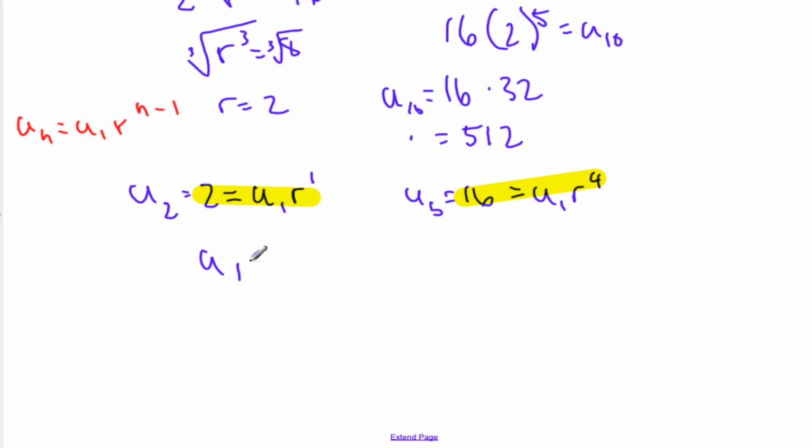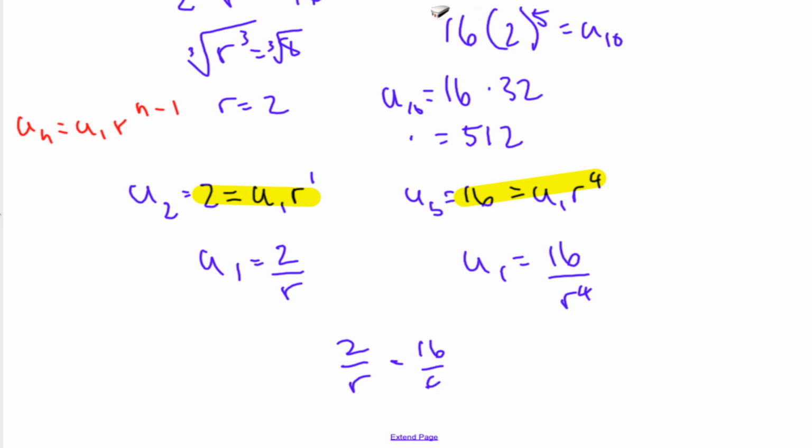So U1 equals 2 divided by r. Here, U1 equals 16 divided by r to the 4th. They have to equal each other, so I can say that 2 over r equals 16 over r to the 4th.